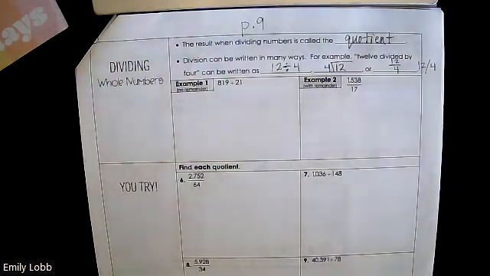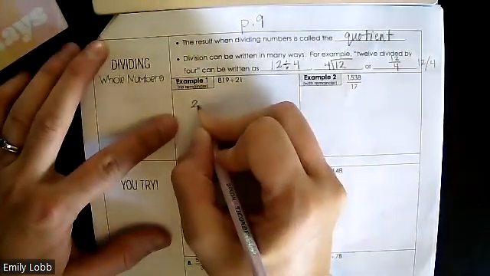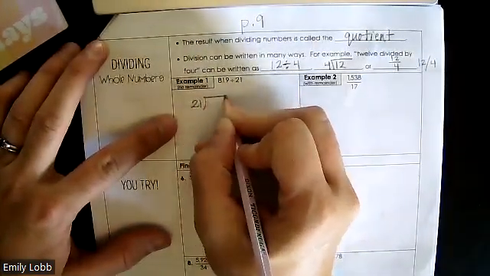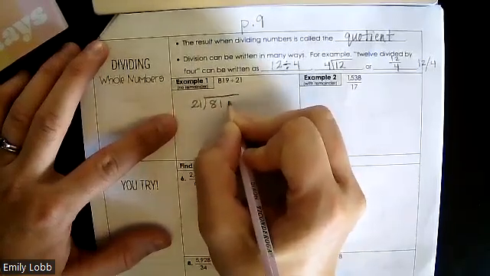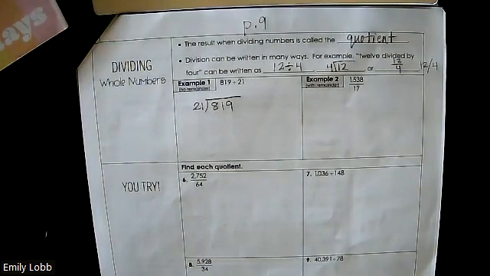All right, so these are kind of bigger ones. We are going to say 21 goes into 819, and it says there's no remainders for this one.